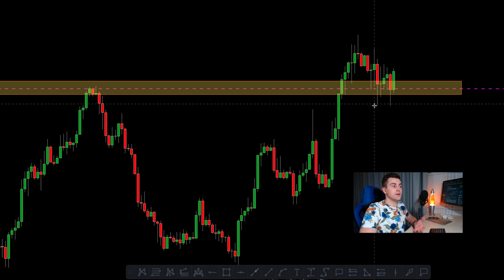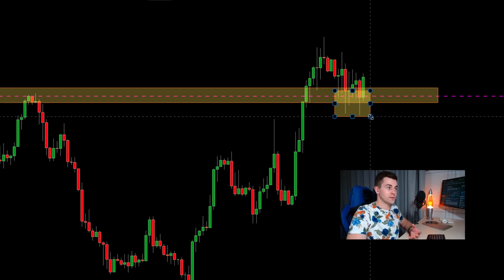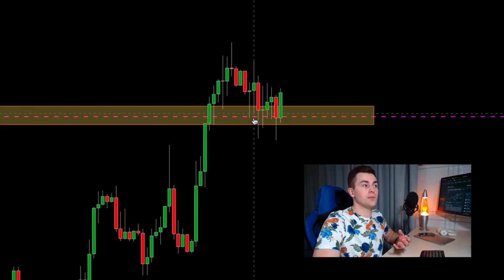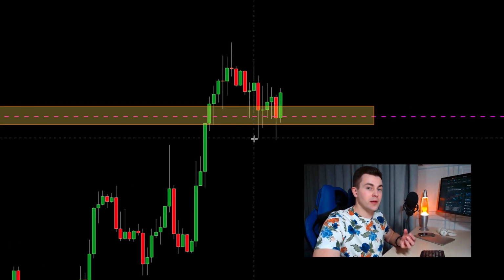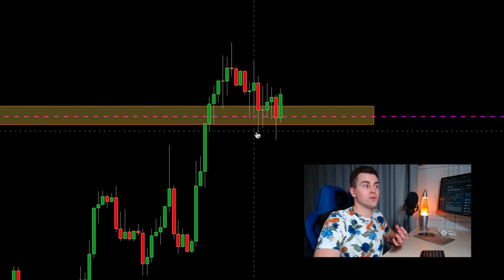Analyzing the candlesticks right here, analyzing how the price reacted to that level based on the candles, we see right here multiple rejections. By the rejections, I mean the long wicks. Long wicks signify that the price dropped below that structure, but then the market immediately returned back. Yes, it signifies quite strong buying volumes.